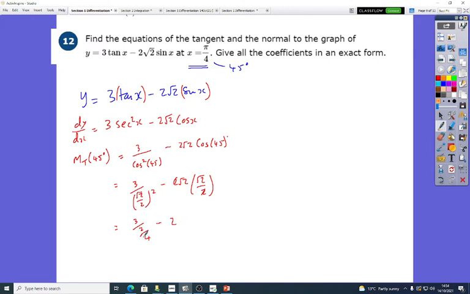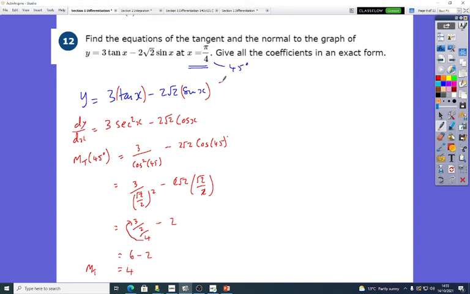Now, the best way to deal with the 4 underneath is to bring it right to the top, and it becomes a times. So 4 times 3 is 12, half of 12 is 6, take away 2, and that gives me 4. So the gradient of the tangent at this point is 4.